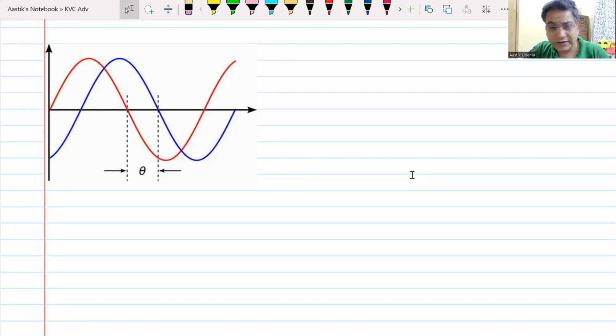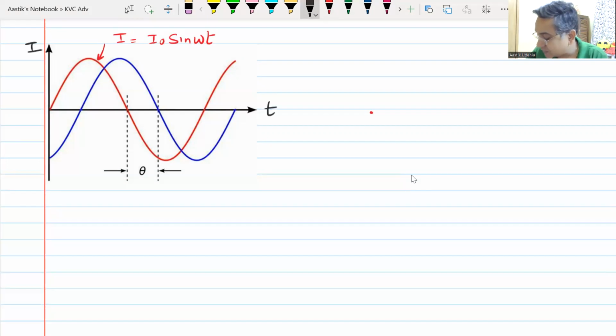Okay, now here are the two waves that I have drawn. The red one, as you can see, will be the wave of I equal to I naught sine omega t. Do we understand this? Yes, sir. Now, there is a difference between this wave and the blue wave. Here I have plotted I, and here I have plotted t.